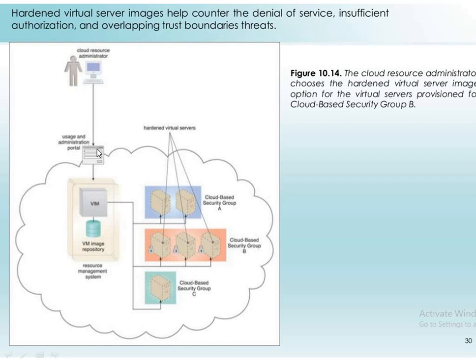This is the resource management system where the VM image repository and hardened virtual server images are stored, and here we can see the hardened virtual servers of cloud-based security group B. Cloud-based security group A is shown here, and cloud-based security group C is used here. So this is how hardened virtual server images help counter the denial of service, insufficient authorization, and overlapping trust boundaries. Thank you.